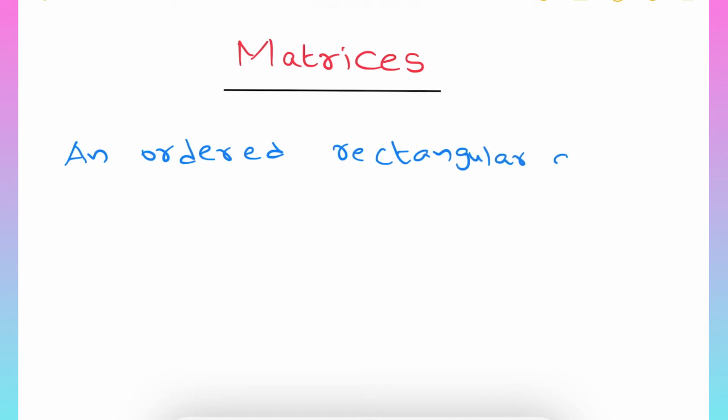So first of all, what is a matrix? A matrix is an ordered rectangular array of elements.